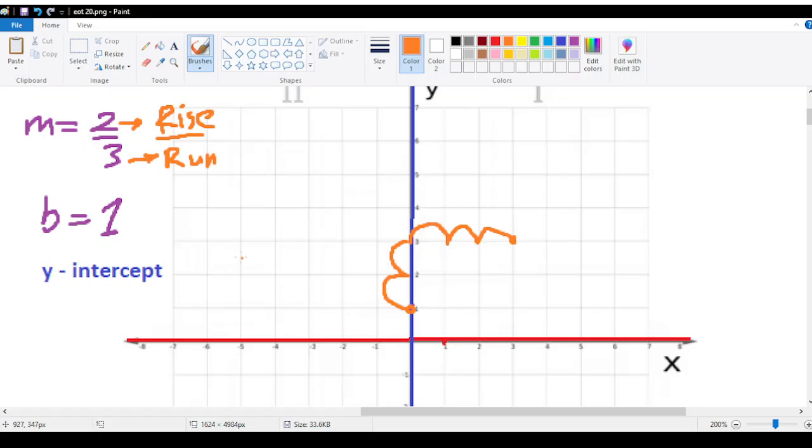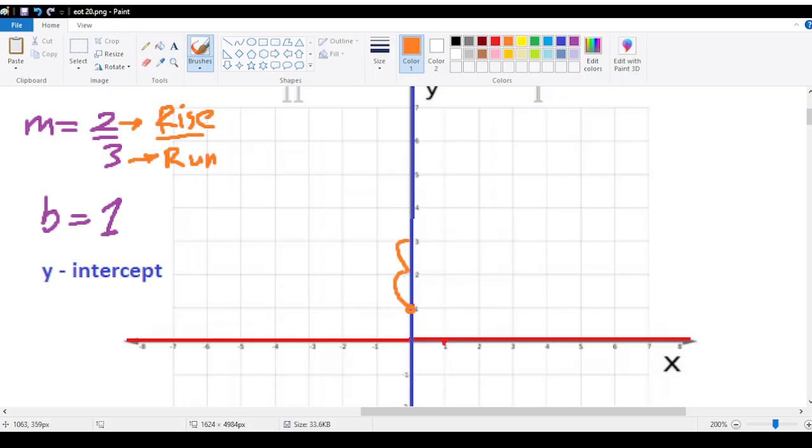Understood? So this is before, and this is after. Okay, Shamsa? So we were here. We need to rise 2 units. 1, 2. Okay?